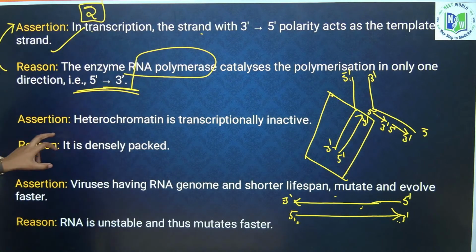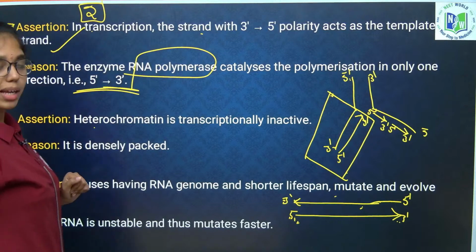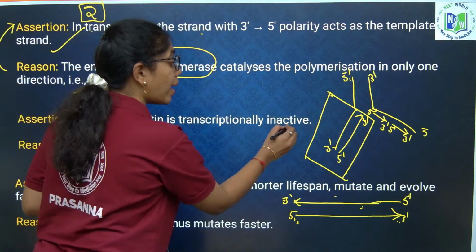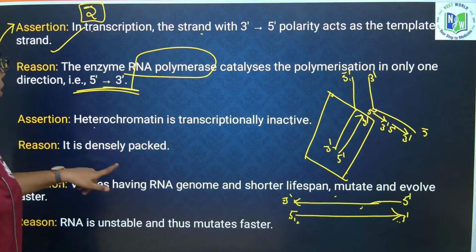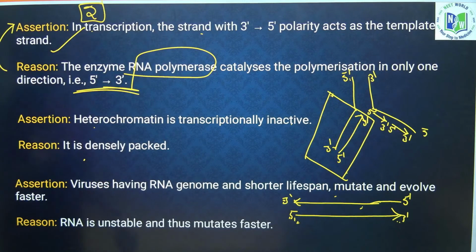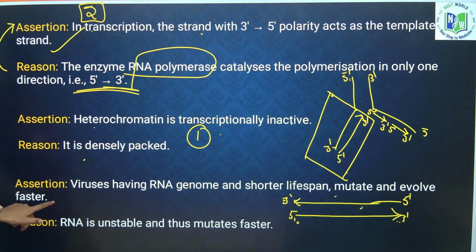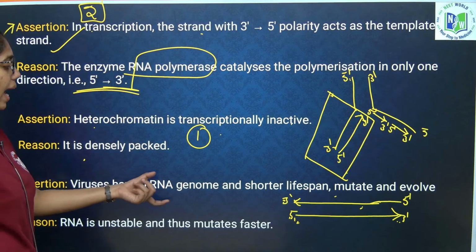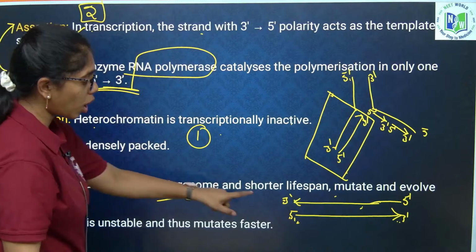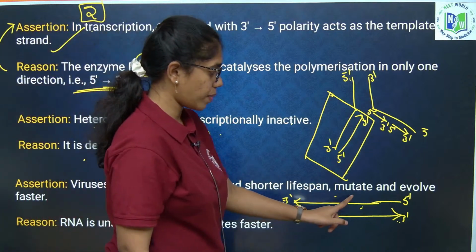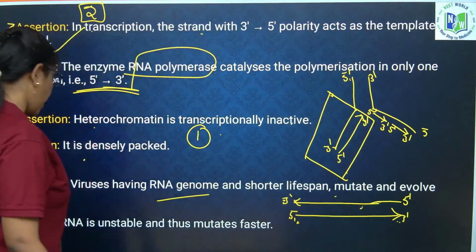Clear? Next, heterochromatin is transcriptionally inactive. Why is it transcriptionally inactive? Because it is densely packed. Here we choose option 1. Clear? Next, viruses having RNA genome have a shorter lifespan, mutate and evolve faster.